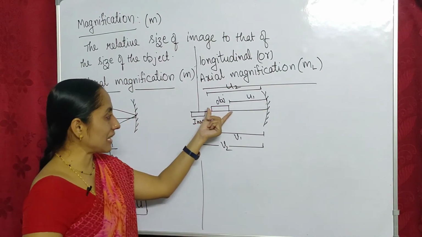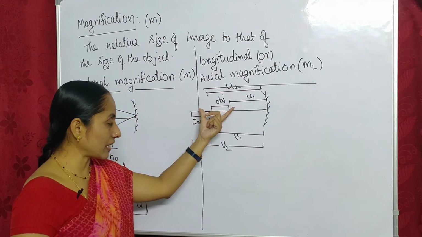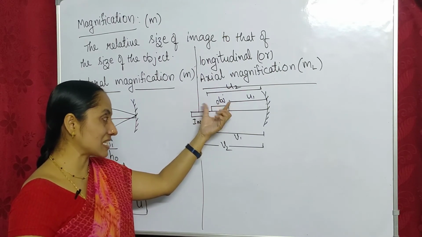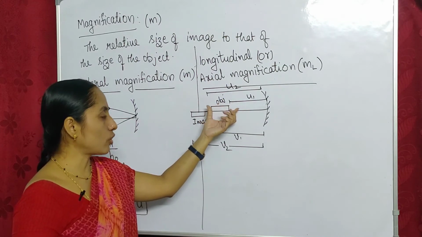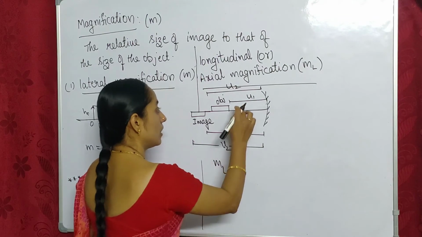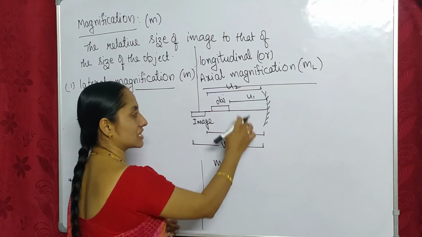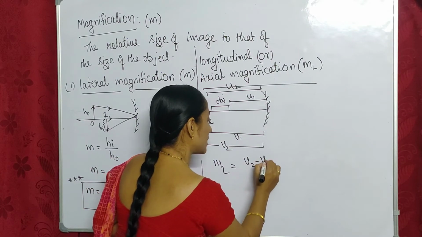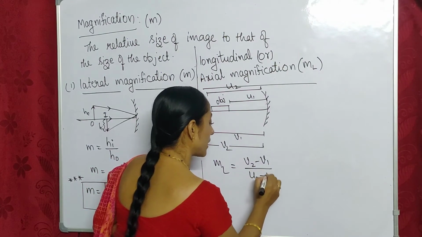Because it is lengthwise, it is elongating or diminishing. Its size is increasing lengthwise. So here I can write the magnification as the change in image size by the change in object size. So how can I write? v2 minus v1 by u2 minus u1.